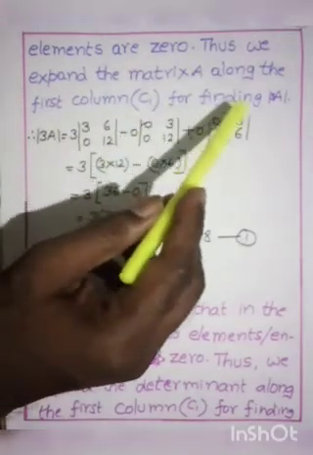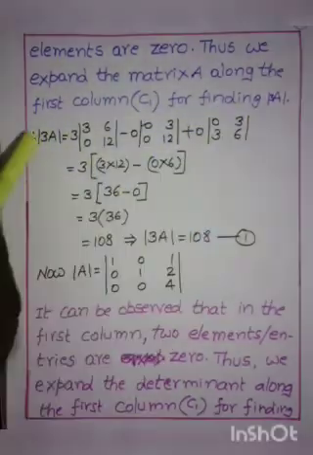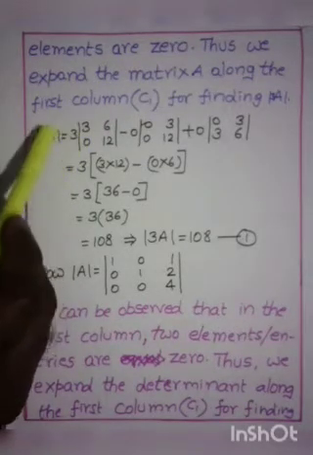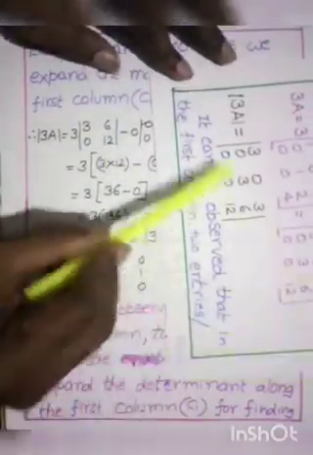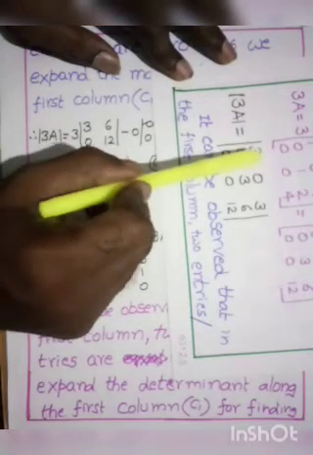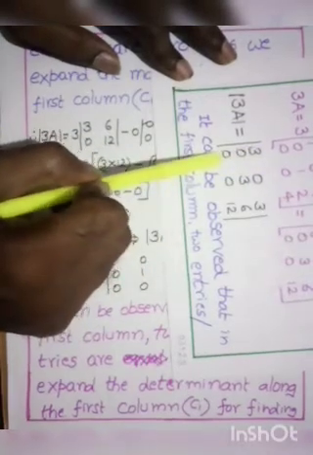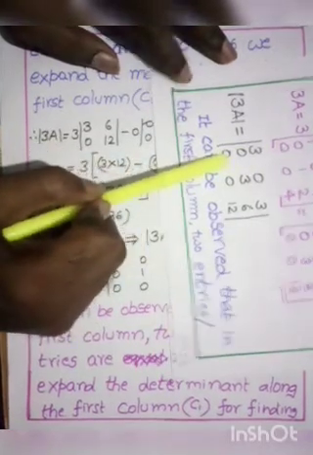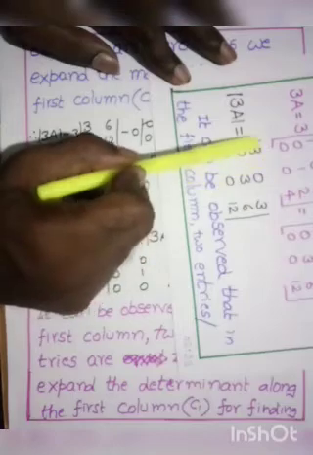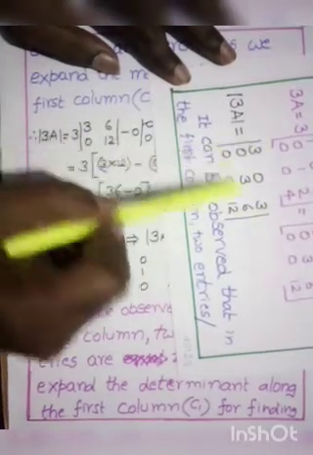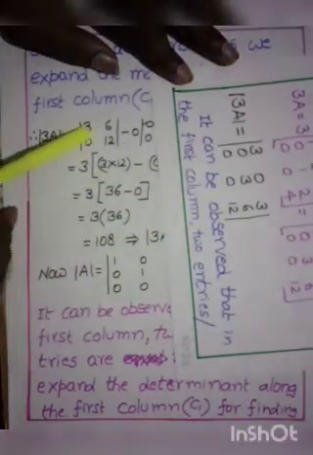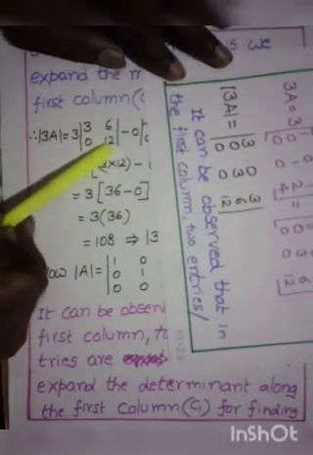So the determinant of 3A is equal to 3 into, we are expanding this determinant along the first column because two zeros are there. So 3 into, close the first row and first column. What will be left here? 3 6 0 12. We write the four elements here, 3 6 0 12. Okay, my children.